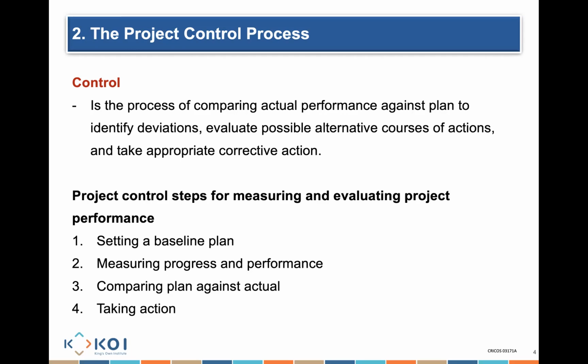And once I do that measurement in step 2, then I can compare my baseline and my progress. Am I ahead of schedule? Am I behind schedule? By making that comparison, I'll be able to know whether I'm ahead of schedule or behind schedule. And by doing that, I am able to take the corrective actions that are needed to ensure I get the job completed. Does that make sense?